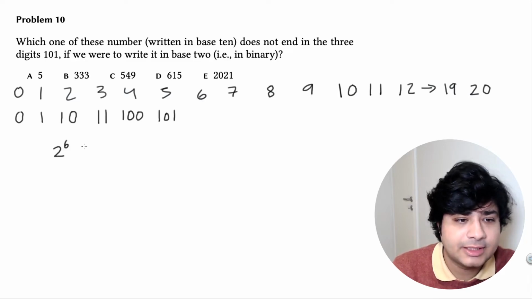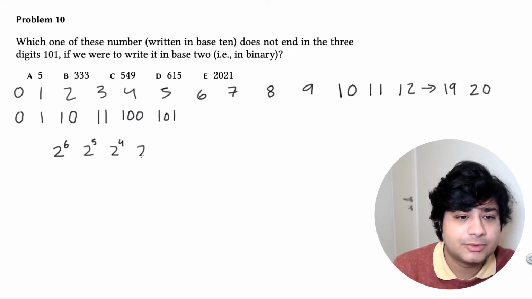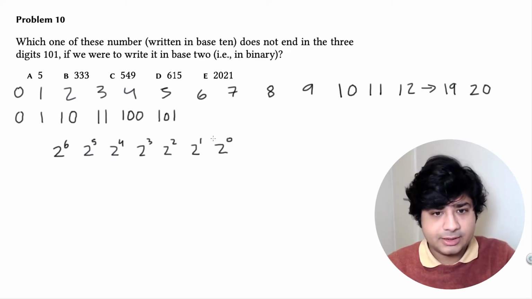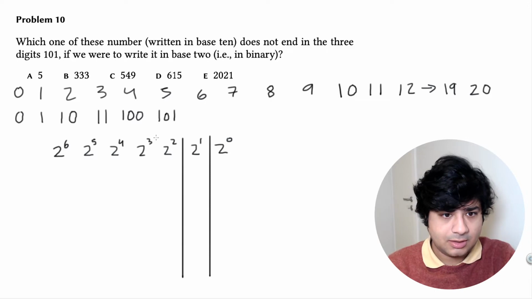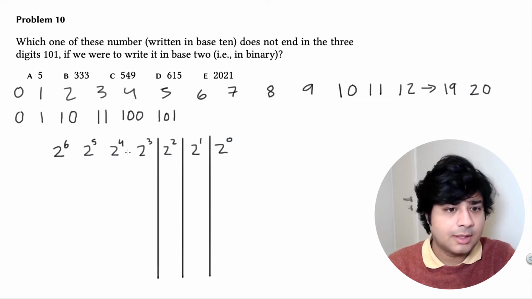Then I'm going to say 2 to the power of 5, 2 to the power of 4, 2 to the power of 3, 2 to the power of 2, and 2 to the power of 1, and then 2 to the power of 0. And I want to make a little table out of this. I'll see if we can do a nice table. There we go.